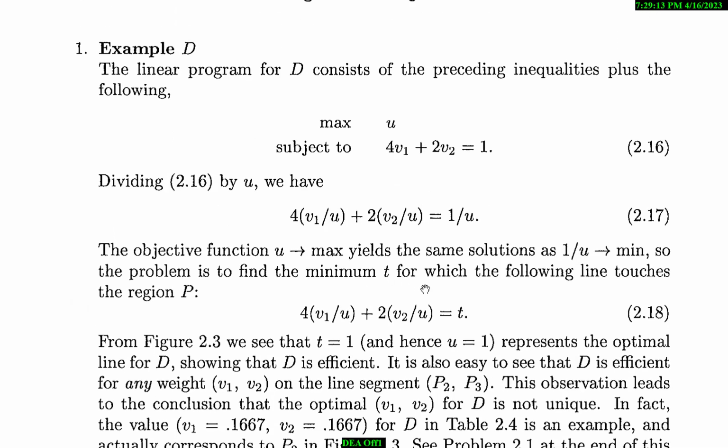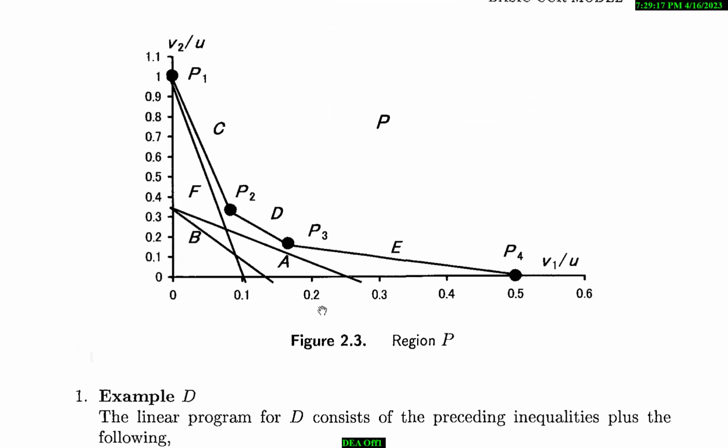For example, for T equal to 1, we have the line D. This line, if you move up, the value of T will be more, and by moving it down, the value of T will be less.